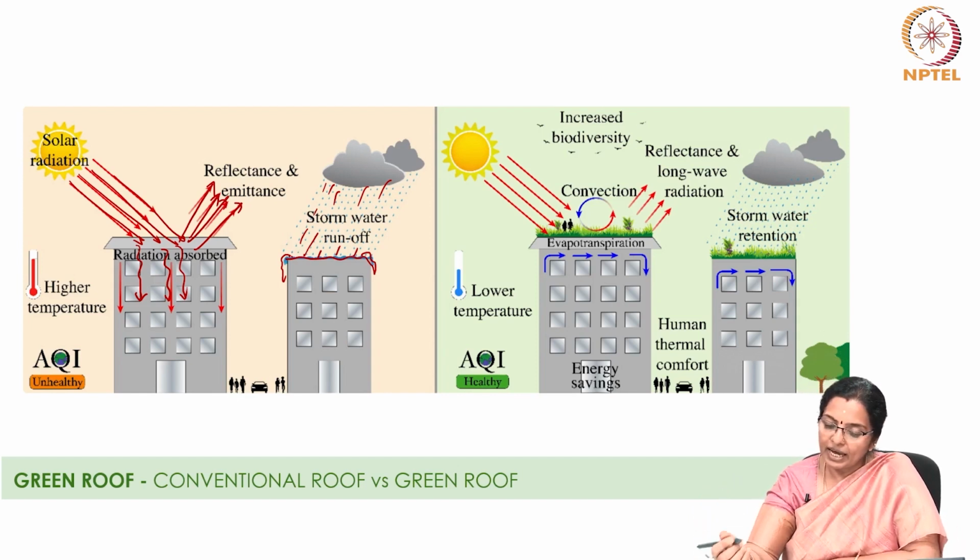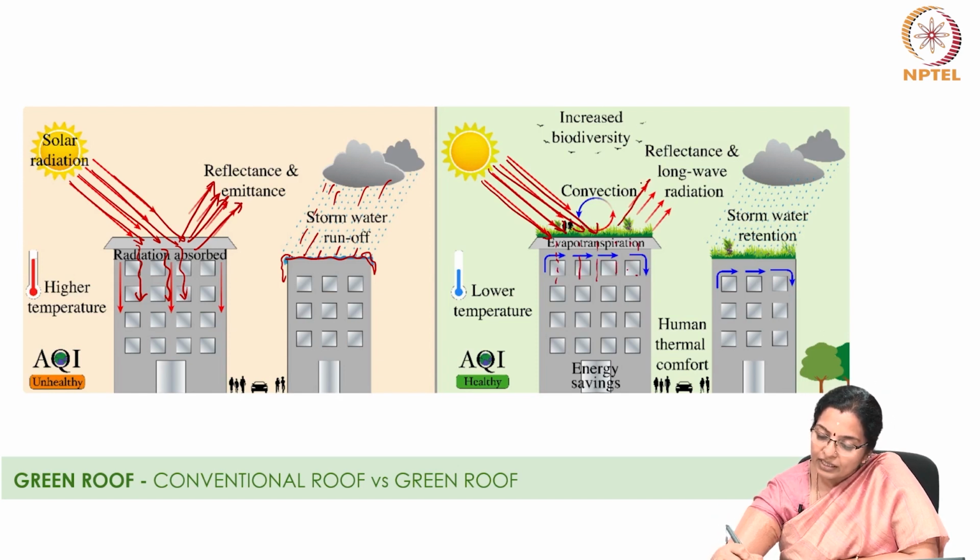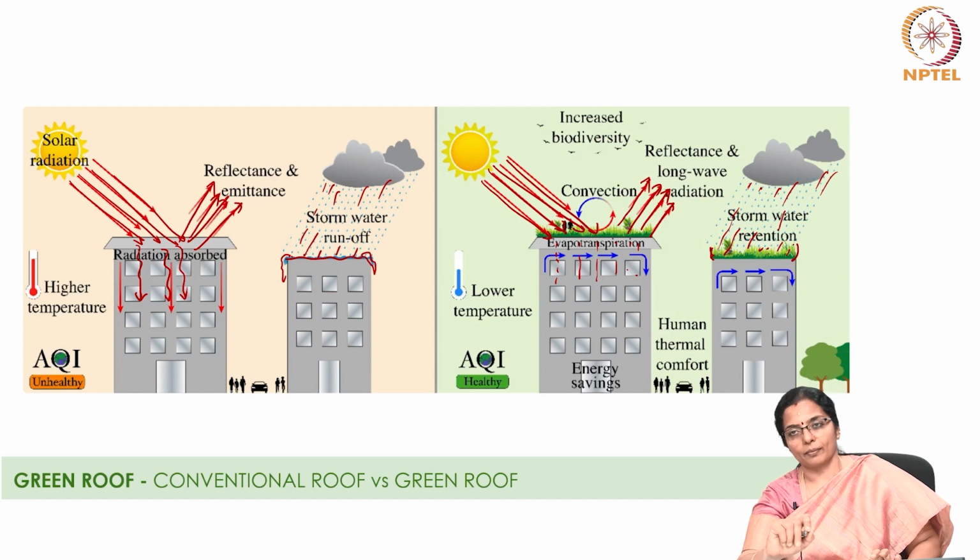Whereas when we have a green roof, there is less transmission or conduction of heat, and also very little reflectance of heat. Besides, there is increased biodiversity, and when it rains, the rainwater is retained when you have a green roof.